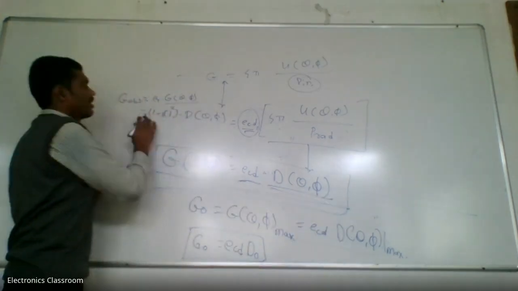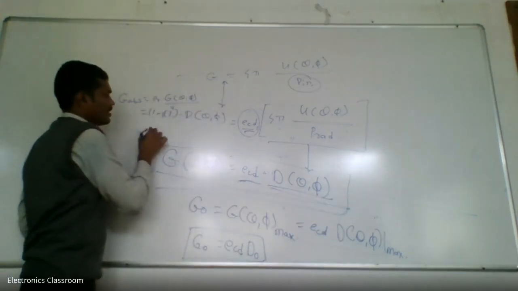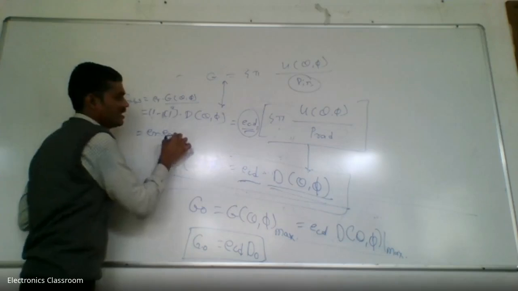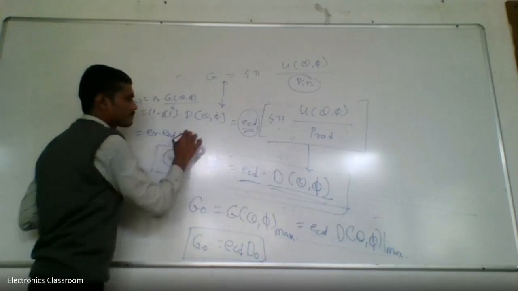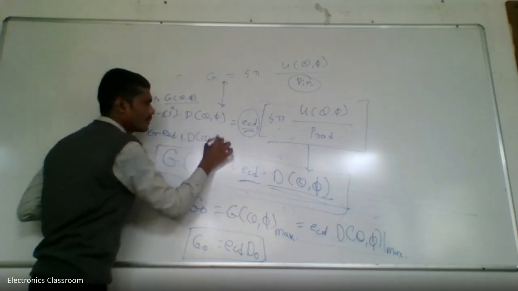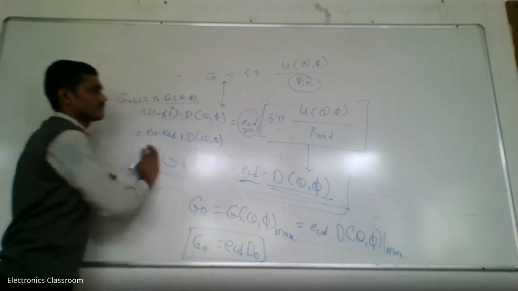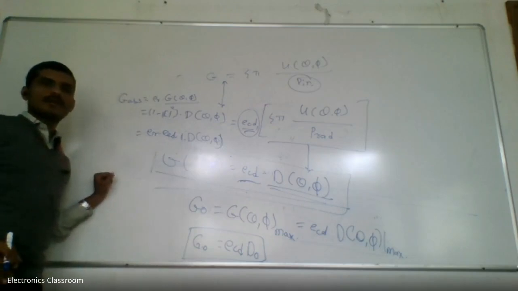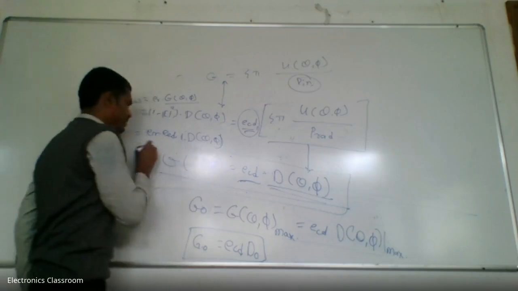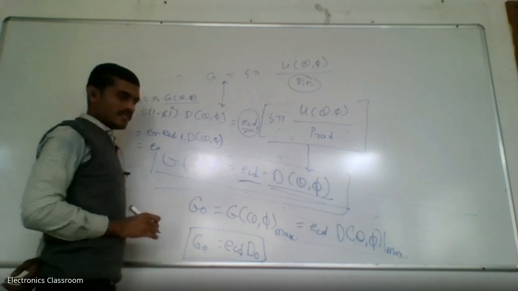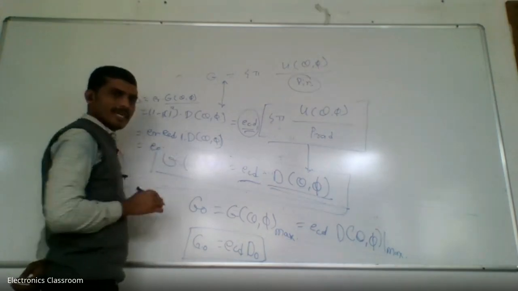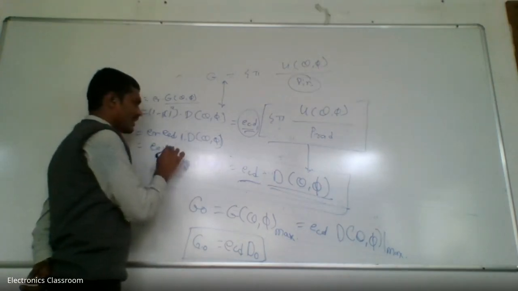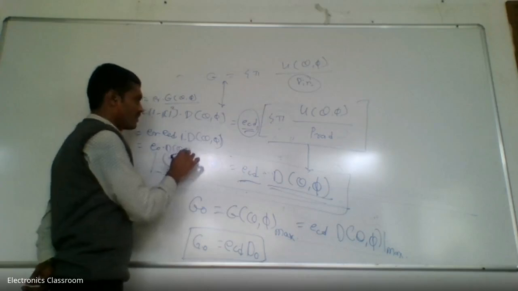Now once again, the above equation can be rewritten by using ER into ECD into D theta comma phi, and your final equation may be rewritten by using the total efficiency into the directivity of that antenna.